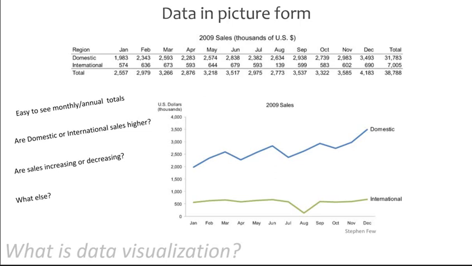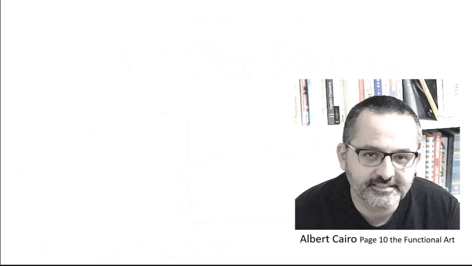When we plot these numbers up, it becomes very obvious that domestic sales greatly outweigh international, that the domestic has a cyclicity to it, that international sales had a weird anomaly in August. Extracting exact values is easier from a table, but identifying trends and patterns is much easier from a visualization.